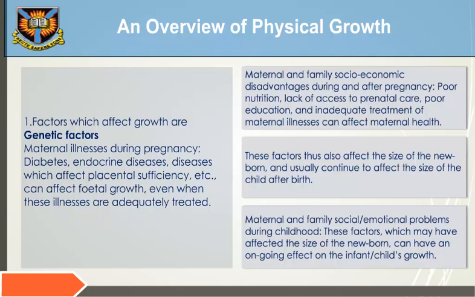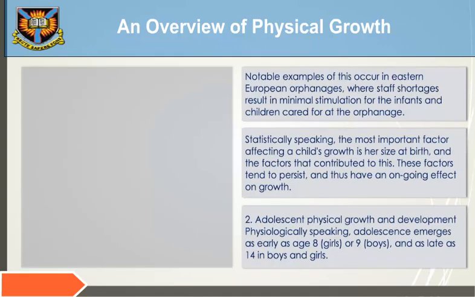and usually continue to affect the size of the child after birth. Maternal and family social-emotional problems during childhood. These factors, which may have affected the size of the newborn, can have an ongoing effect on the infant child's growth. Notable examples of this occur in Eastern European orphanages, where staff shortages result in minimal stimulation for the infant and children cared for at the orphanage.